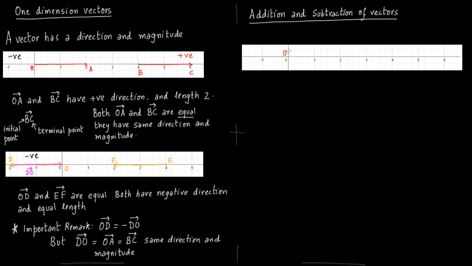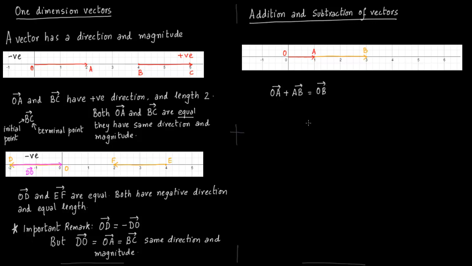So let us draw the figure. So you have the origin, you have point A, then you have point B. So you have AB vector goes from A to B. You have OA vector goes from O to A. You can write OA vector plus AB vector is equal to O to B vector.